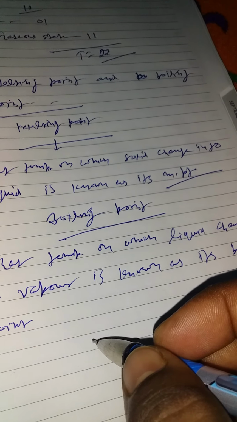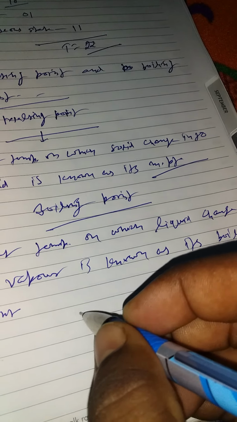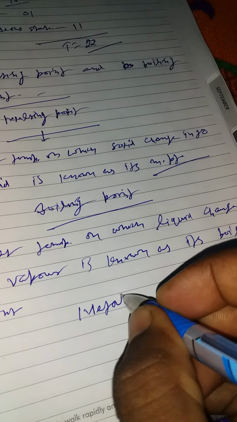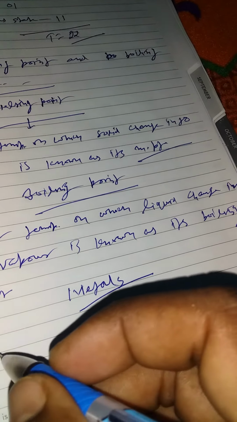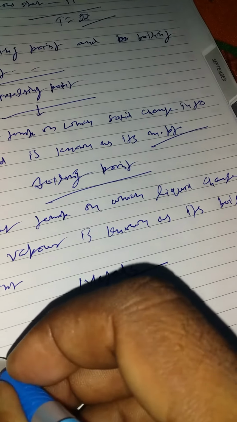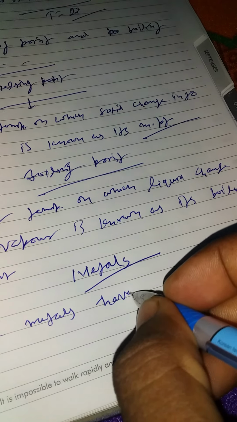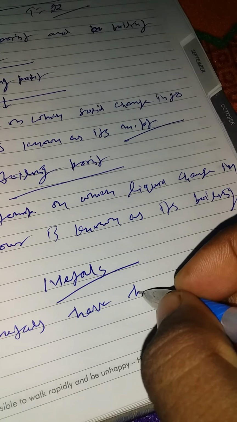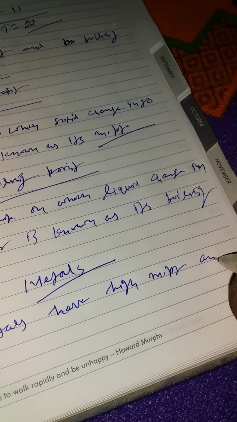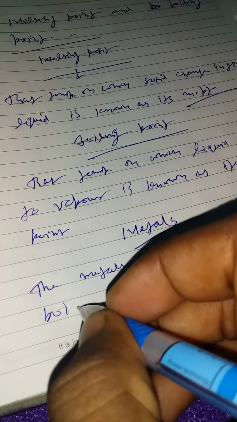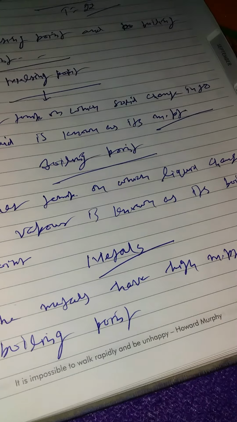on the basis of melting point and boiling point, we differentiate between metal and non-metal. So, the metals have high melting point and boiling point.